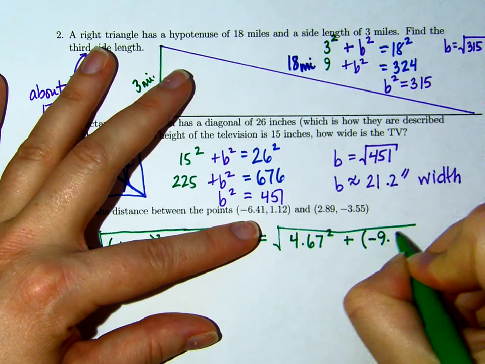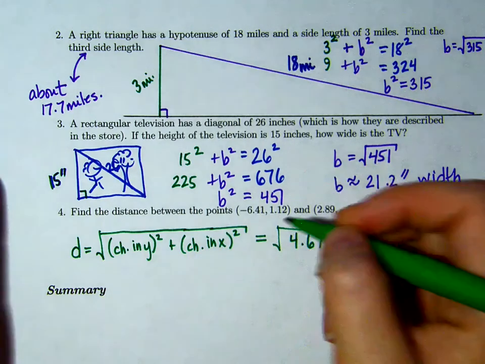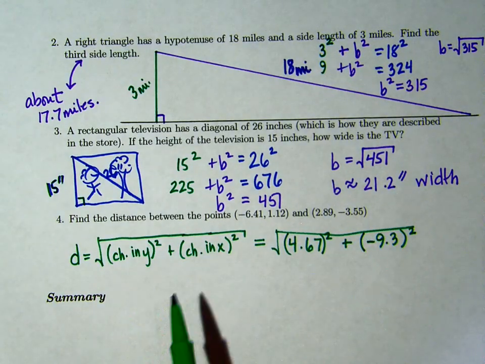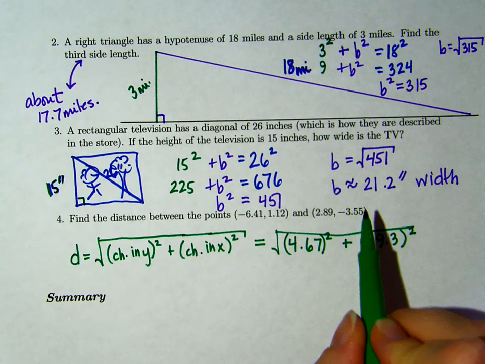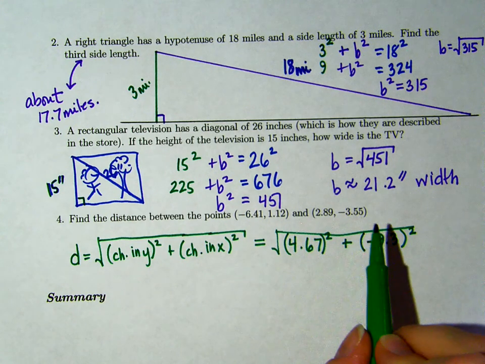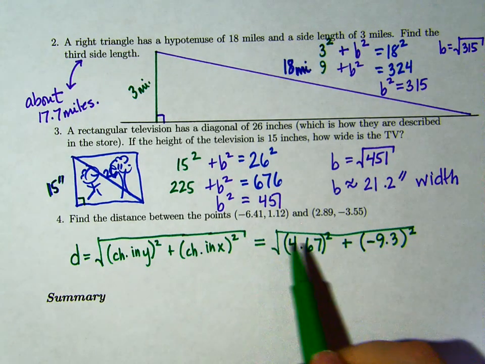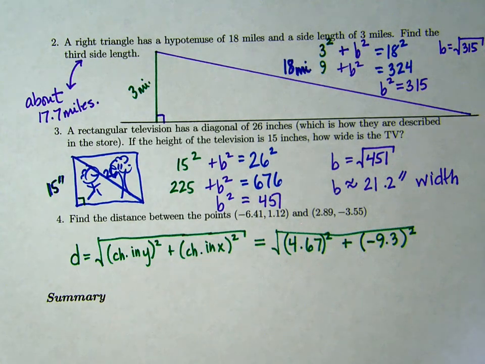But notice when it's negative, I'm very careful to keep those parentheses for the change. You know what, might as well do it for both, just to be careful. So the change in y, I took 1.12 and found the difference between it and negative 3.55, subtraction. The change in x's, I put negative 6.41 minus 2.89, and I got negative 9.3. But now I need to square.